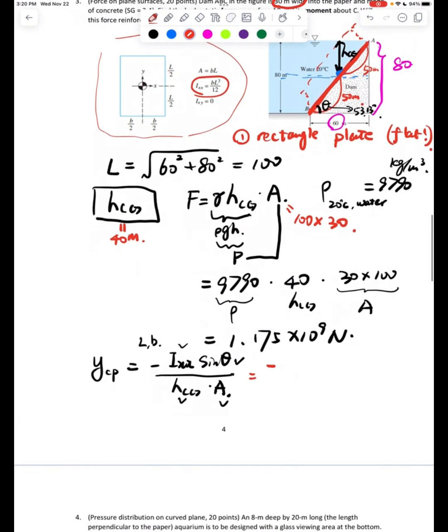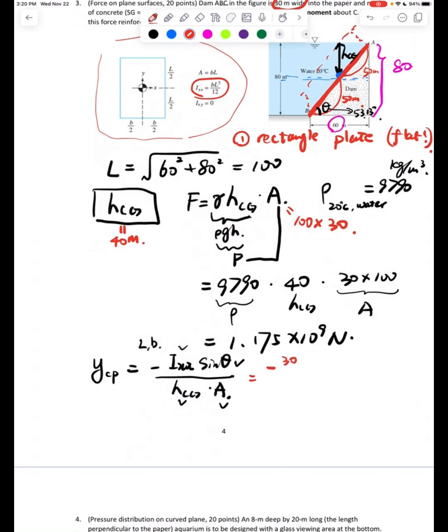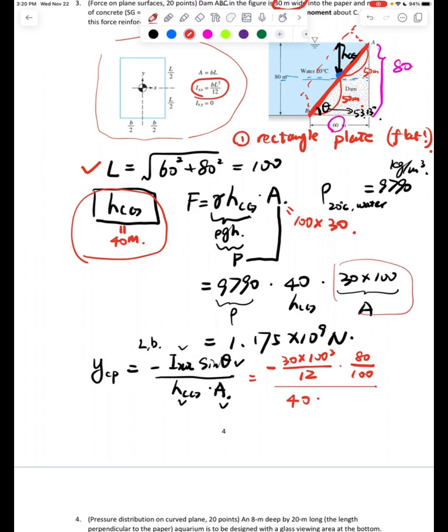So 30 multiplied by 100 to the third over 12, multiplied by 80 over 100, and then divided by HCG, which we discussed here, 40, multiplied by A, which is 30 multiplied by 100.